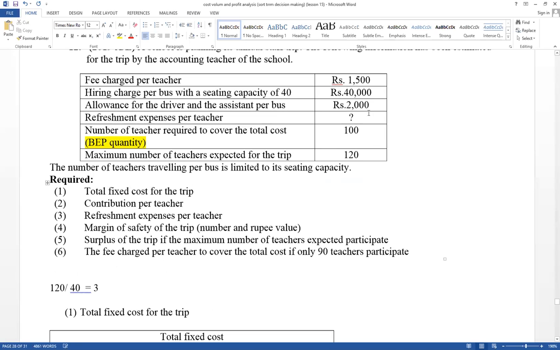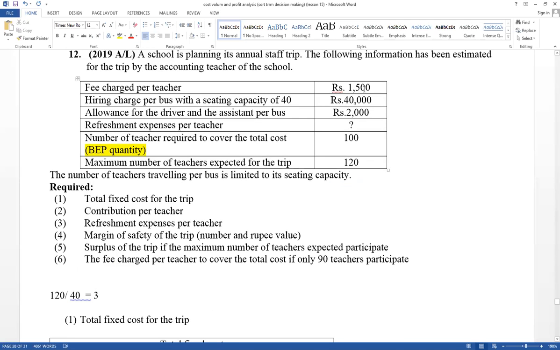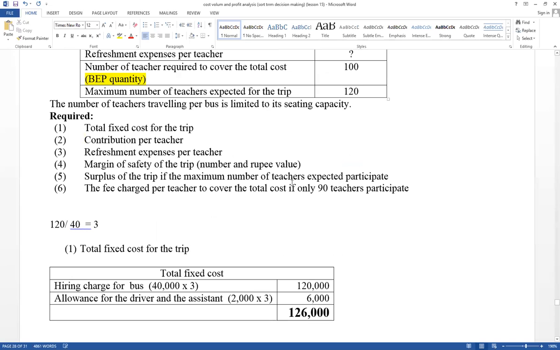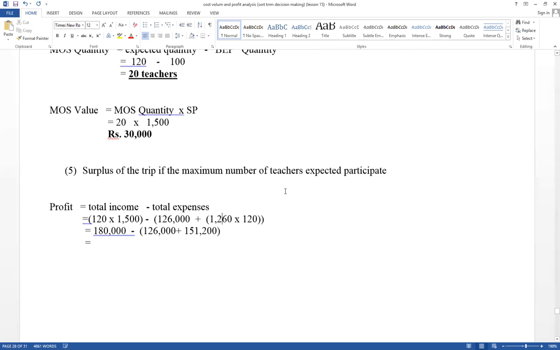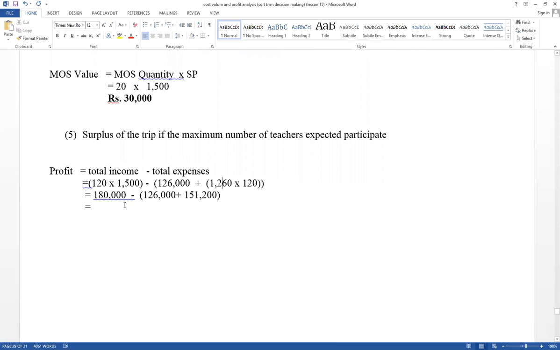Total income minus total expense. Take the answers.